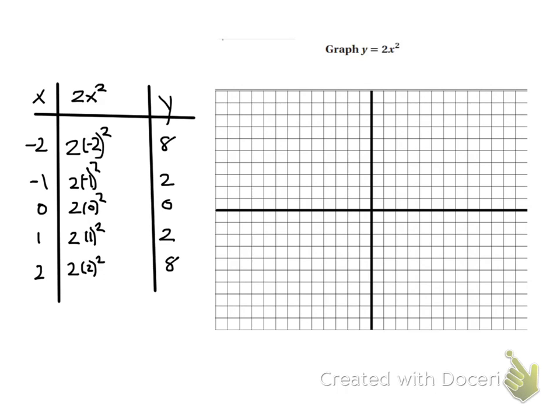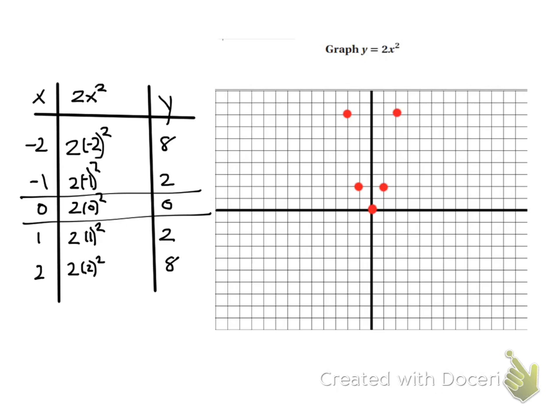And you'll notice again, this was my vertex. The -1 and the 1 are repeaters, 2 and -2 are repeaters. We go to graph this, okay, 0, 0, and then -1, 2, and 1, 2, and then -2, 8, 1, 2, 3, 4, 5, 6, 7, 8.